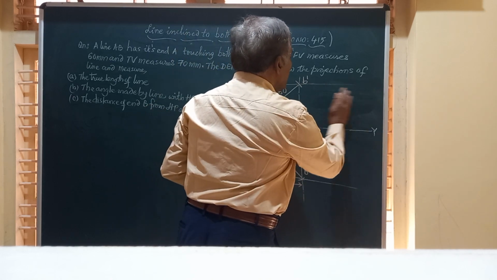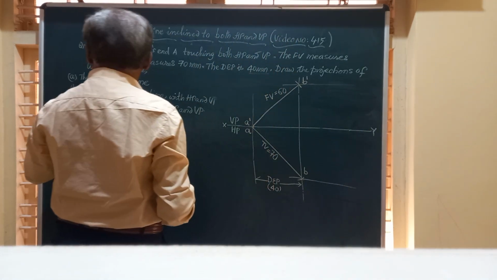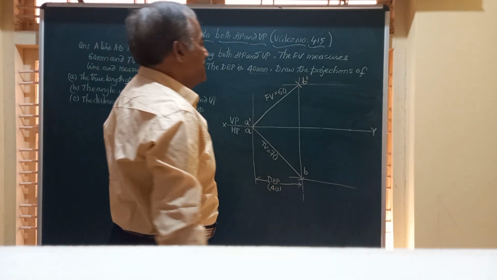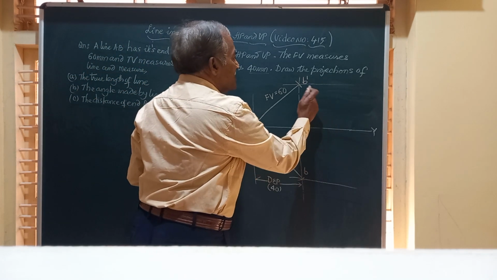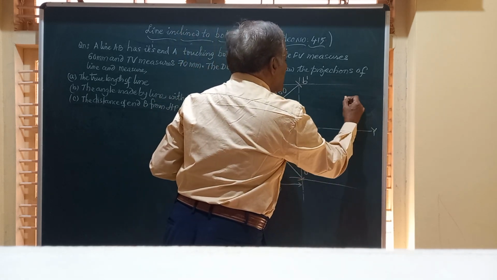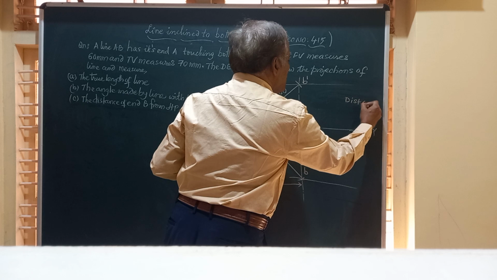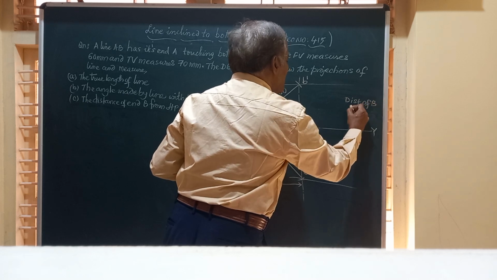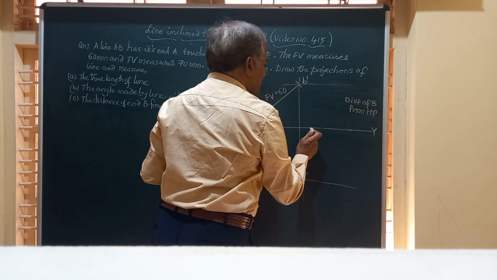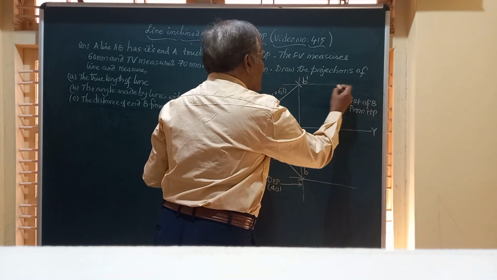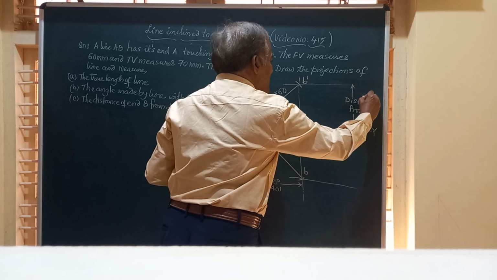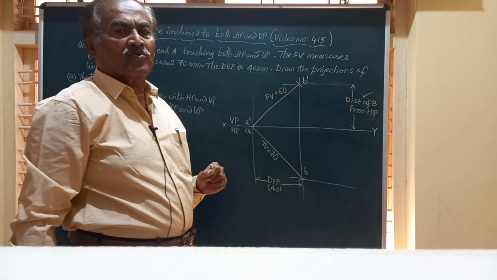And here immediately you can obtain the answer for the last part, the distance of the end B from HP and VP. So the distance of this locus from XY will give you distance of B from HP. So you can keep a scale between XY and this locus and find out its length. So I'll just put a tick mark and say this can be found out.